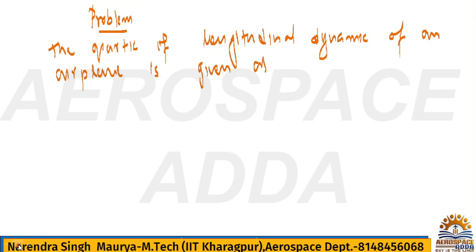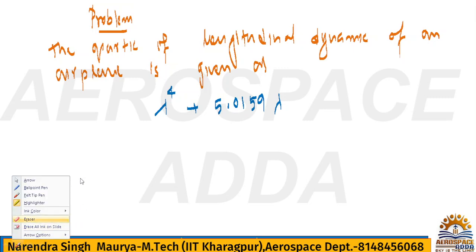Now what is the equation? This is the equation they have given, lambda to power 4 plus 5.0159 lambda, just if you bracket, then you will get the power 4.